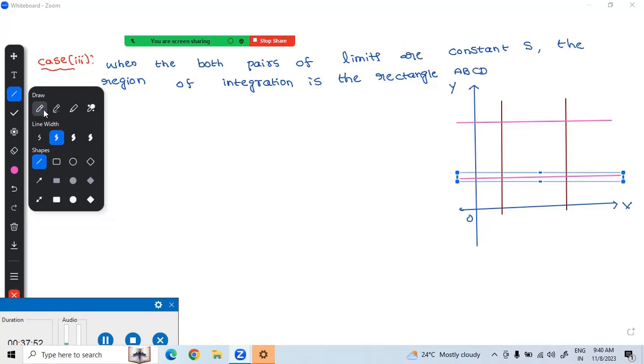Draw these two straight lines first. So all intersect and the region is found. This part region and this part region.